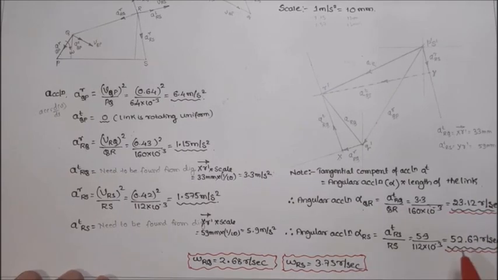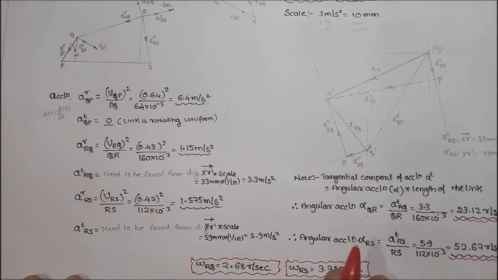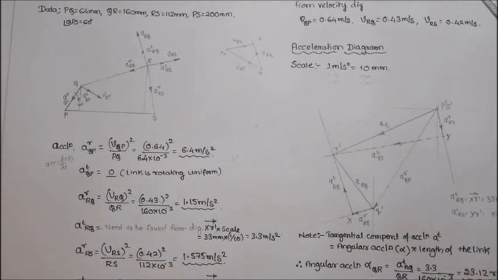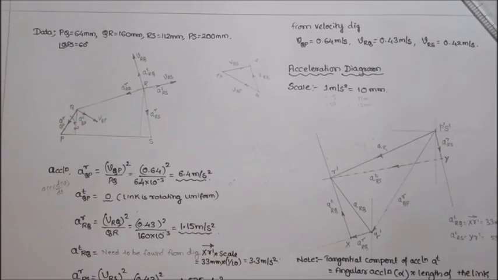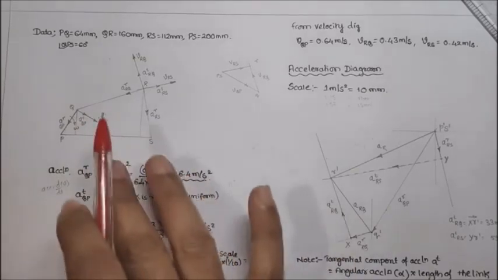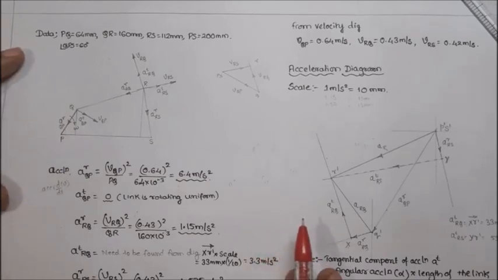It is not that you will be getting the same answer, but the answers will be near to these values only. It depends on how skillful you are at doing the diagrams. The space diagram is already done, need not do again.